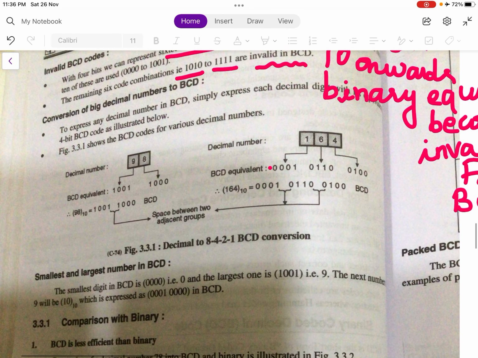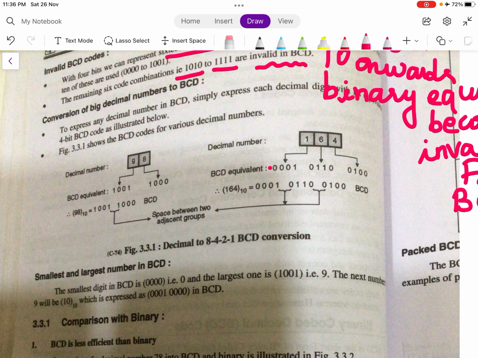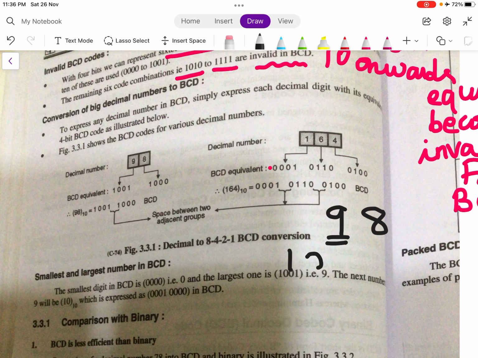Conversion of big decimal numbers to BCD. To express any decimal number in BCD, simply express each decimal digit with its equivalent 4-bit code as illustrated. So for example, 98. Binary for 9 is 1001. Binary for 8 is 1000.